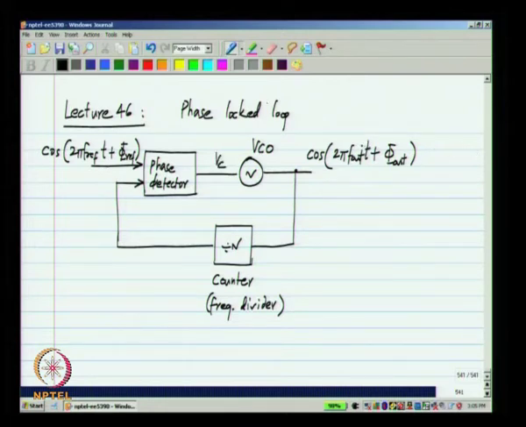And this is the control voltage. This control voltage, for this to be steady, this ramp here has to be exactly equal to the ramp at this point. And based on that the output will be at some constant frequency f out, and that constant frequency f out will be n times f ref.